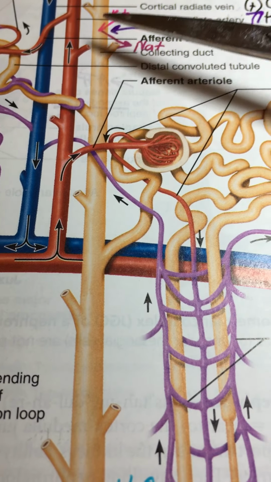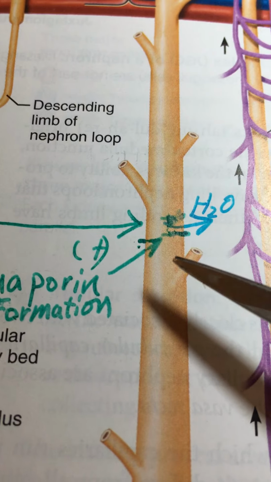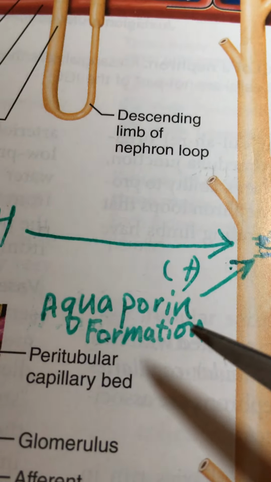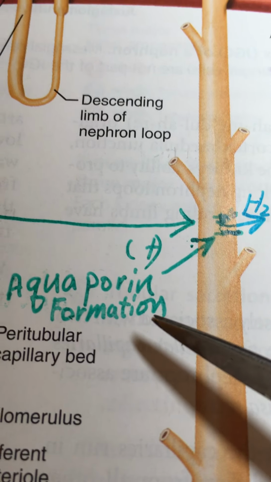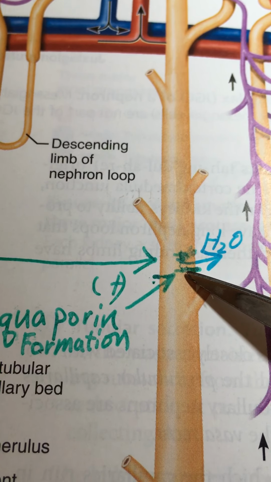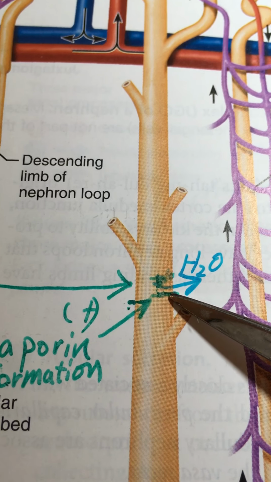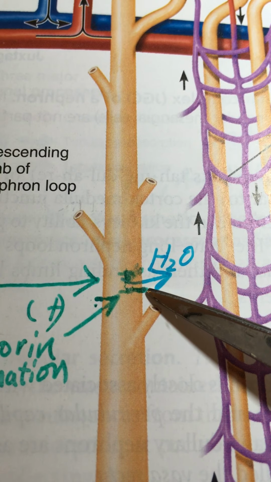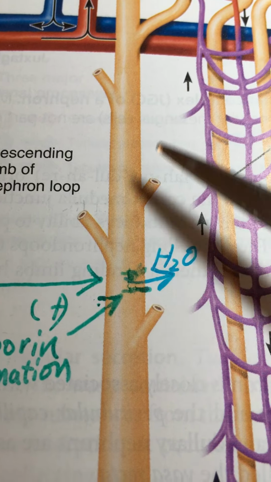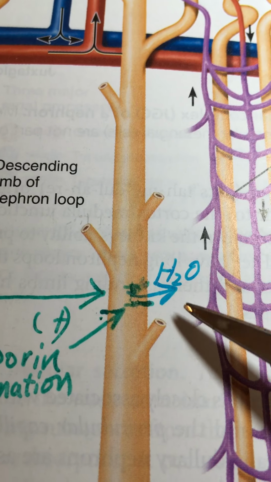Okay. Wherever sodium goes, however, water can follow. So another thing that we do here is construct aquaporins, and we do it under the influence of ADH. The ADH causes an aquaporin to form in a fraction of a second, actually. Then water from the filtrate selectively goes out.